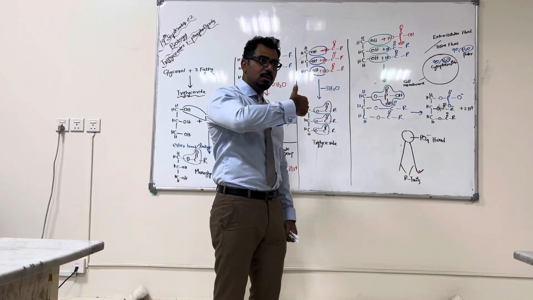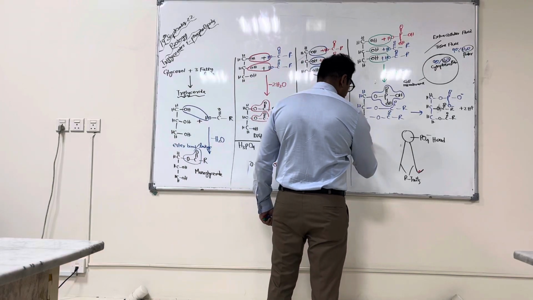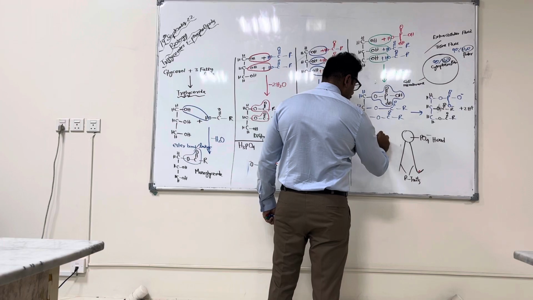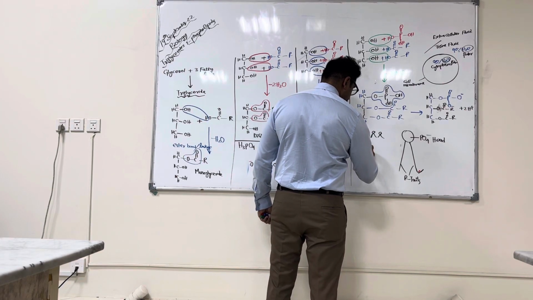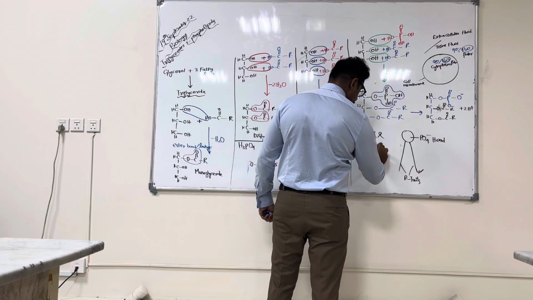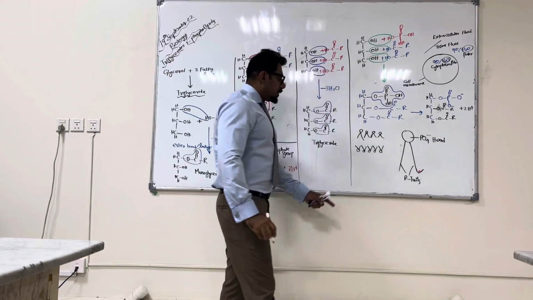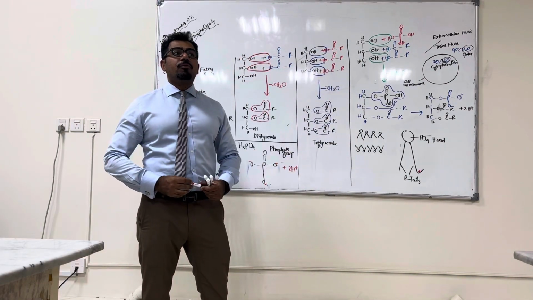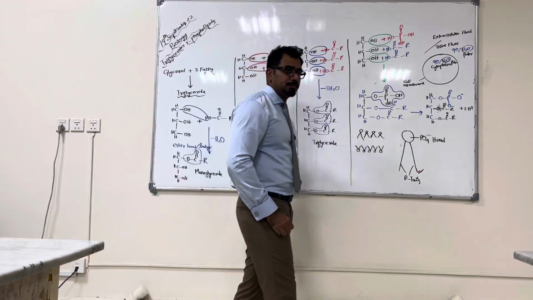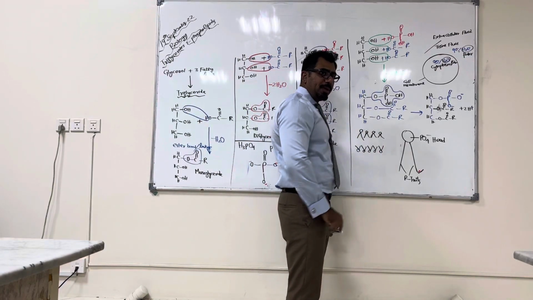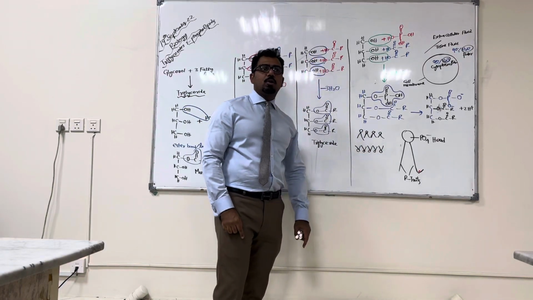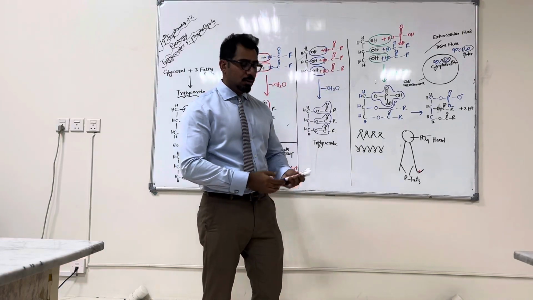And let's see now. Will they dissolve? No, how can it dissolve? Polar attracts polar. Please pay attention. This is a phospholipid bilayer. This is one layer of phospholipid, and this is another layer of phospholipid. We call it a phospholipid bilayer.